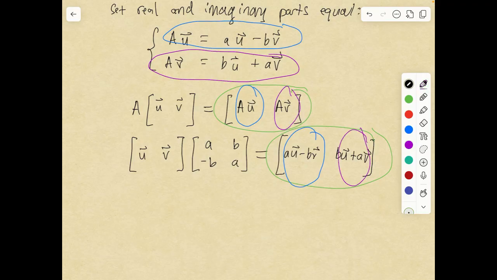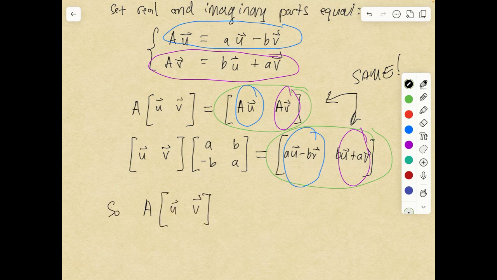So that means that these two matrices are the same. So that tells you that A times this matrix, whose columns are U and V, equals the matrix whose columns are U and V times this matrix whose columns are A, negative B and B, A.